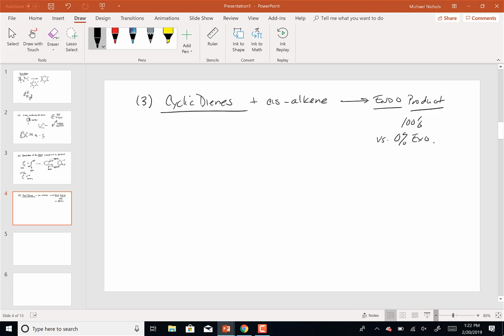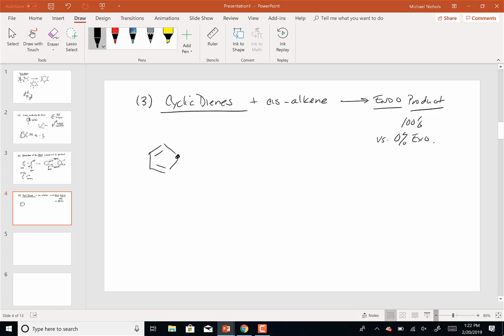Okay, so it's a cyclic diene plus a cis alkene. So a cyclic diene, how about let's use a simple one, cyclopentadiene is a cyclic diene. Now, cyclic dienes react a lot faster than non-cyclic dienes because when you make a cyclic diene, you pin it into its cis conformation.